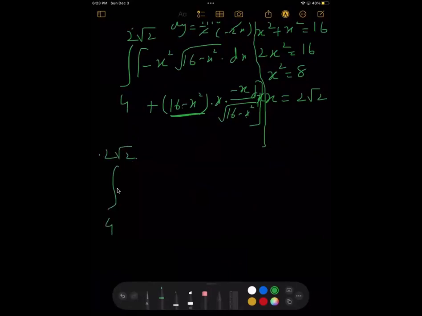We have to add these two terms. This is the same term, so it will be 2 minus x square times the square root of 16 minus x square dx. Now it's easy to solve. This will be equal to 16 pi. You can try it in your own time because it's just integration.